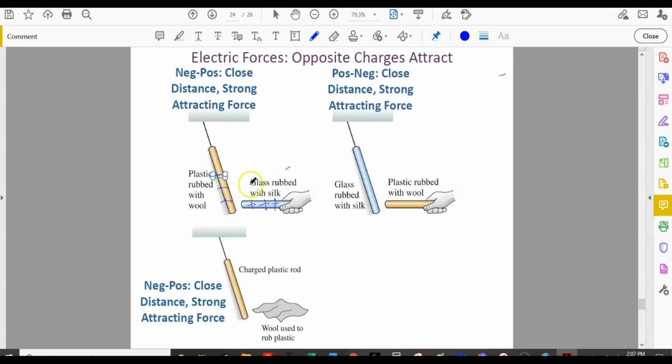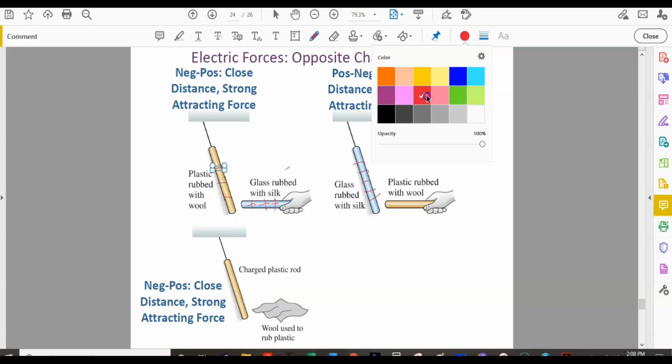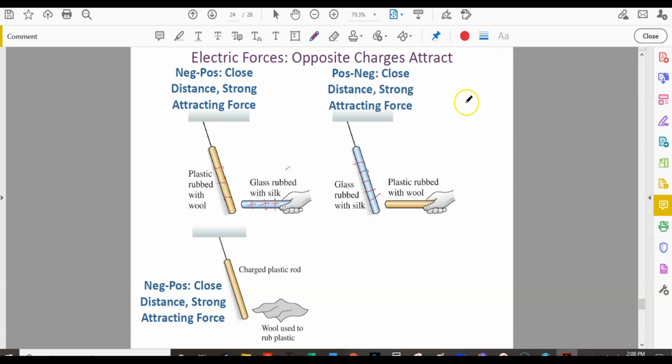So now this plastic rod is going to be attracted. And again, the more charges built up on it, the more attracted they're going to be. So that means this distance is going to be even closer.